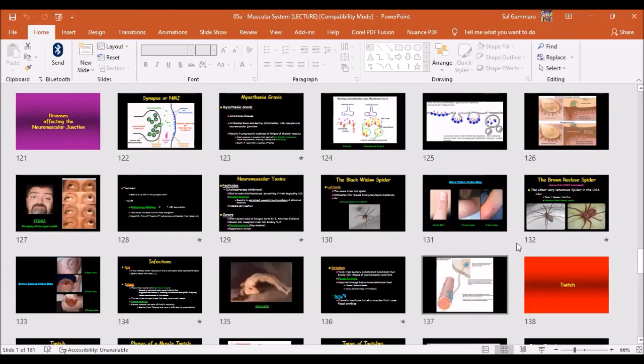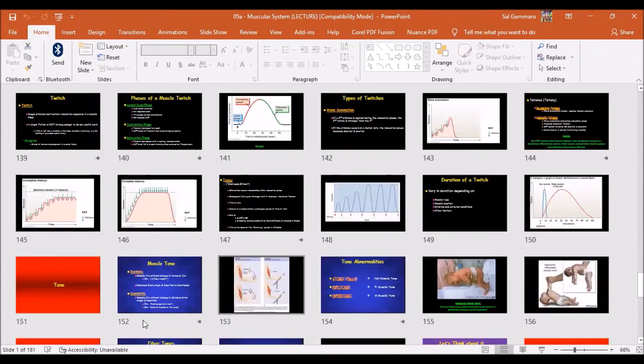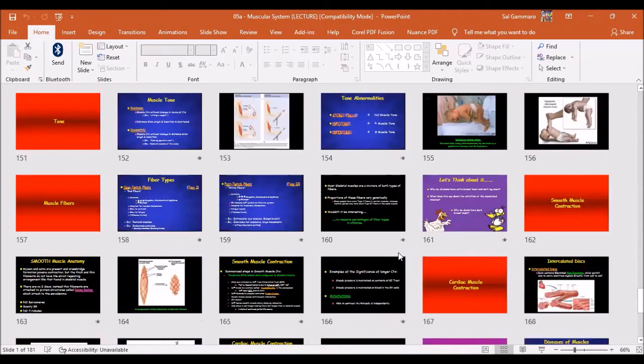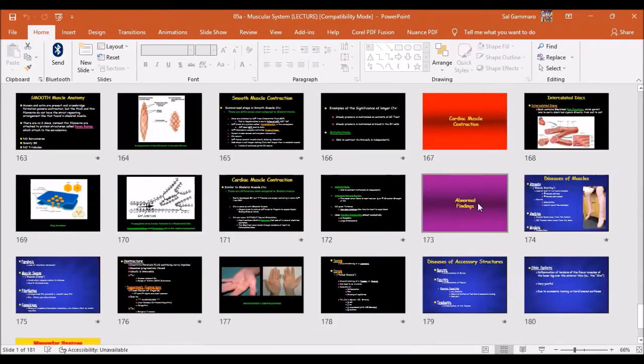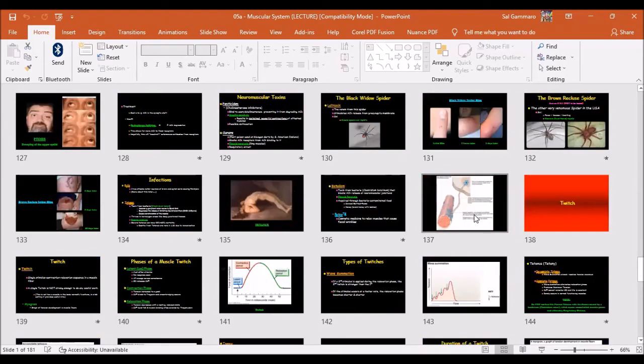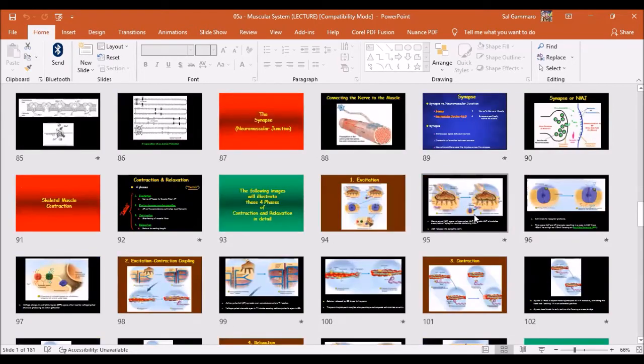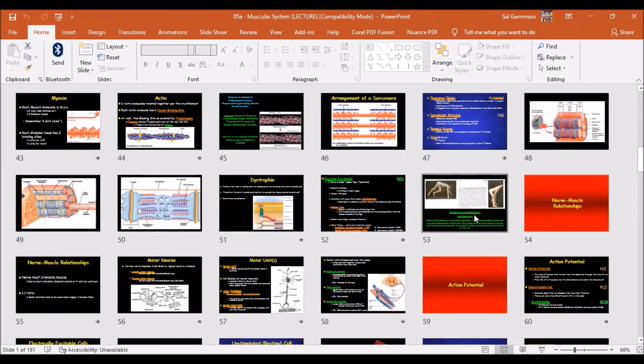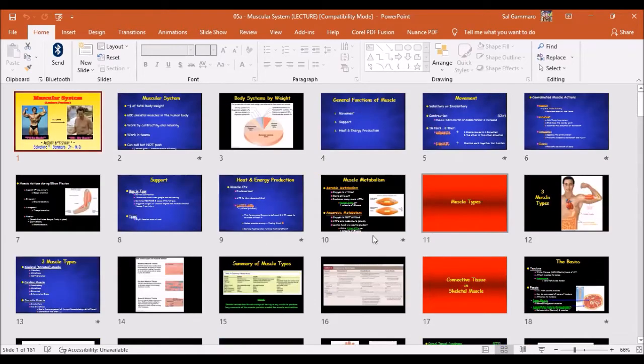Then we go back into reds and so forth. Abnormal findings, like I said, diseases, more like purple. So at least you have an idea of how I'm organizing this. This is pretty much straightforward stuff. Muscle types is just going to be a review of histology, whether you want to do that or not. It's a part of muscle, so I have to put that in there.